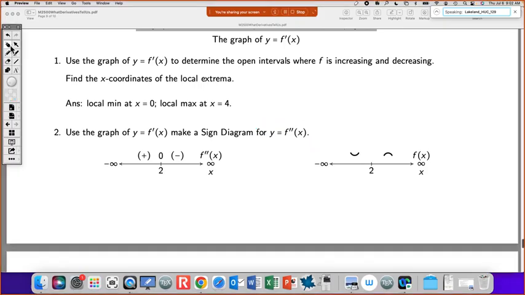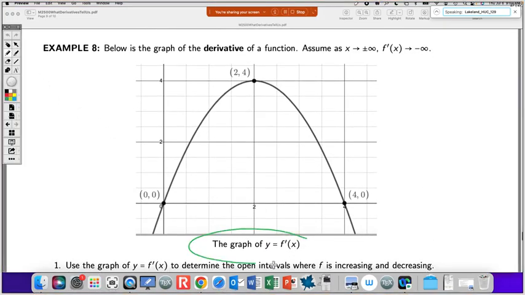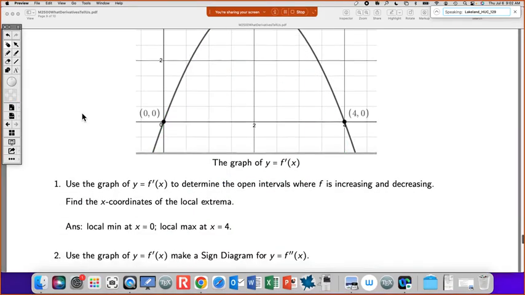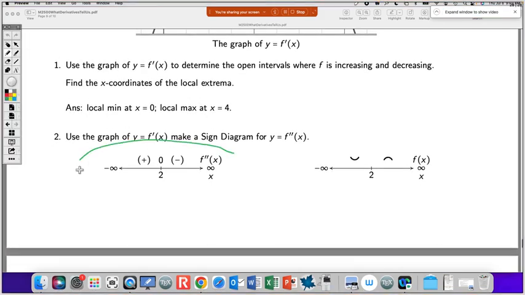So if I look back at my graph, once again, this is the graph of the derivative. The derivative is increasing up to what? 2, and then it's what? Decreasing from 2 on. You see how we're getting that from the graph?